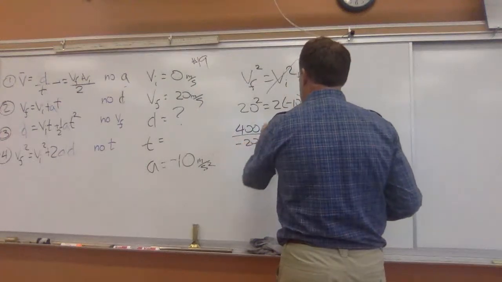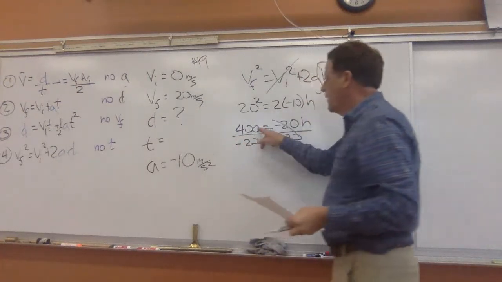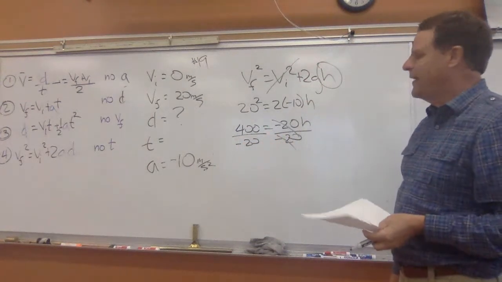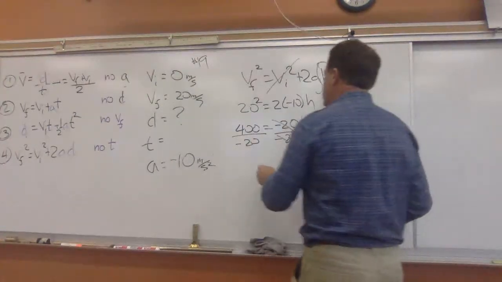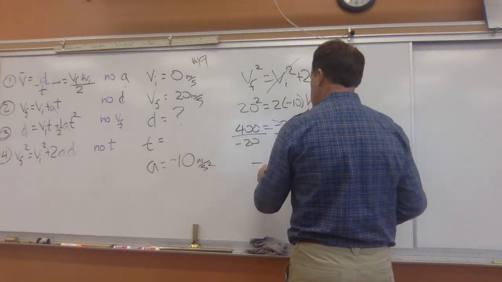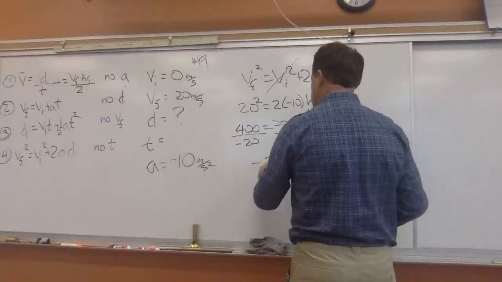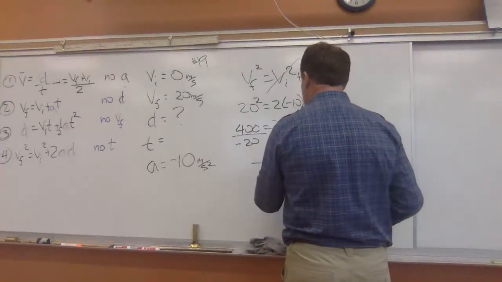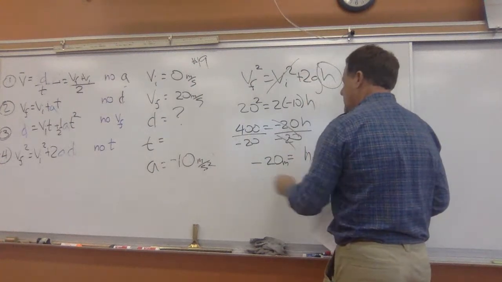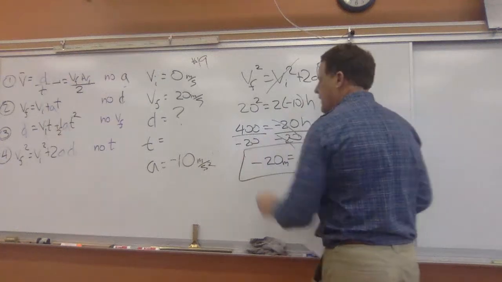We're going to divide both sides by -20. 400 divided by -20 is -20. Okay, so that means the distance that it falls is going to be -20.